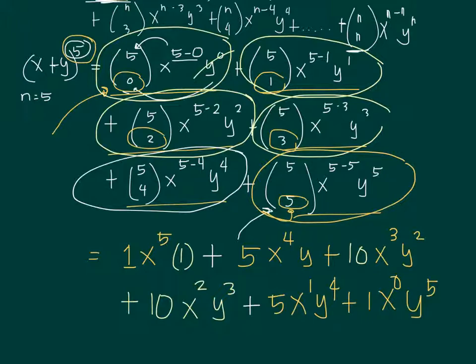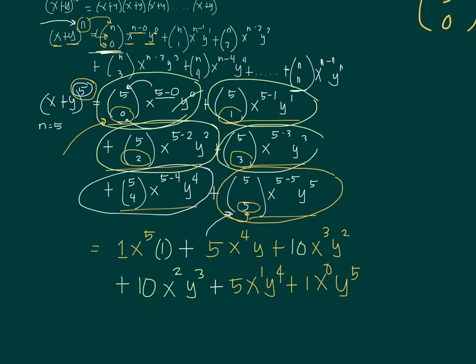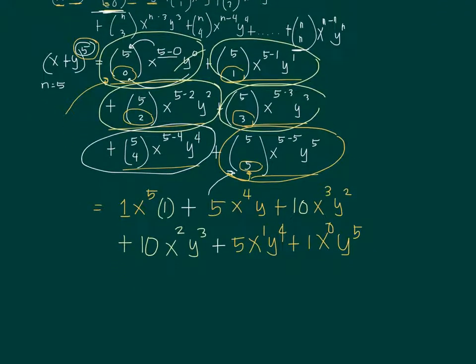After that, all you have to do is fix some of the terms. When I say fix, if you can simplify it further, then simplify it further. Like in the case of the first term, that's 1x to the 5th times 1, which is basically x to the 5th.